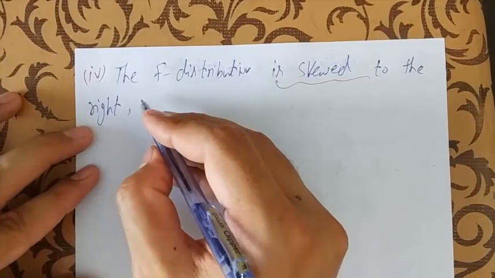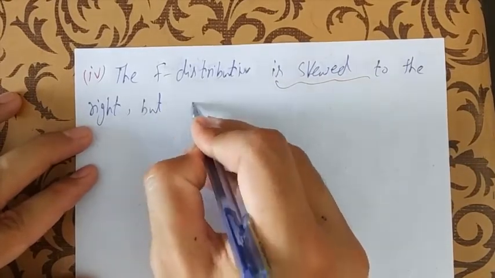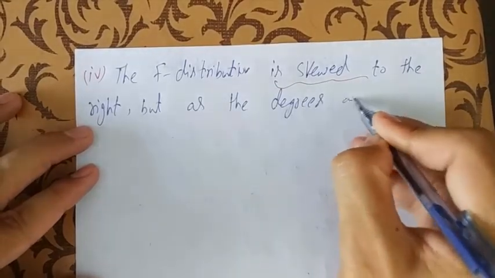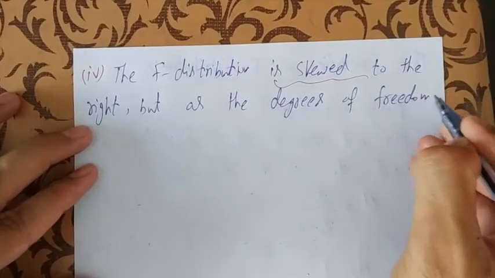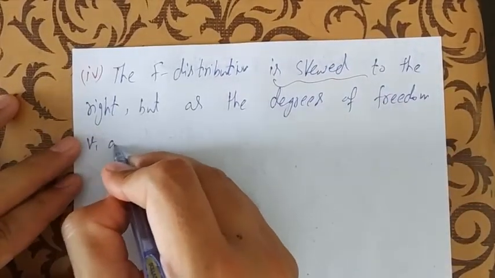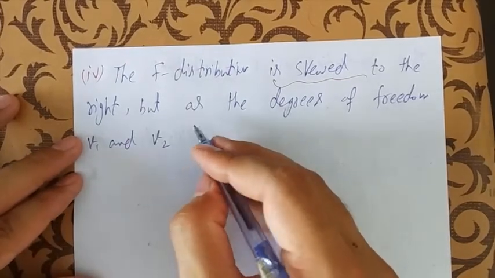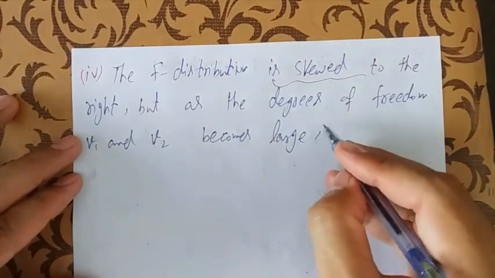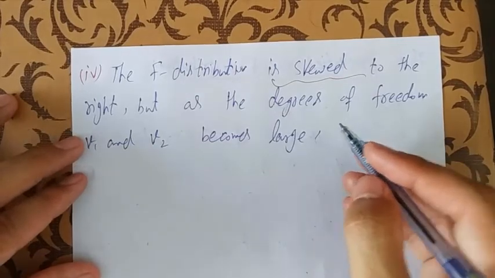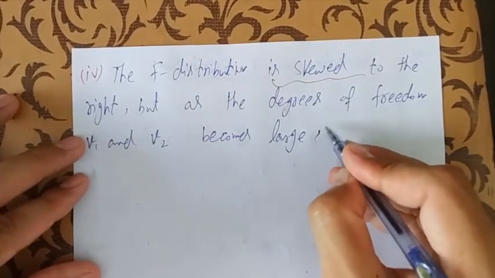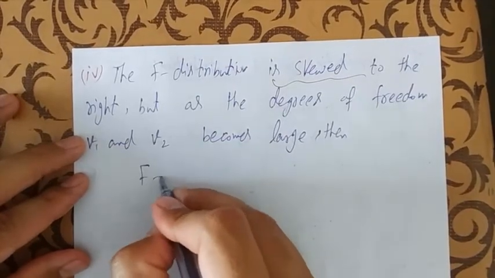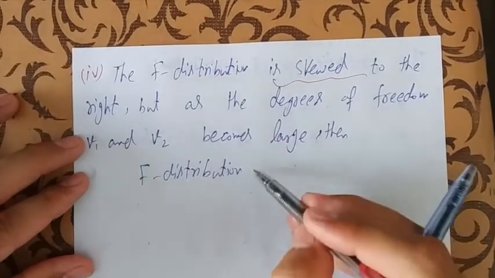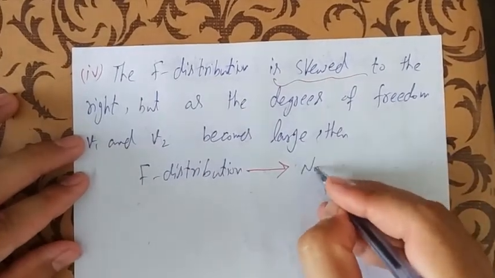But as the degrees of freedom mu 1 and mu 2 become large, the F distribution approaches the normal distribution.